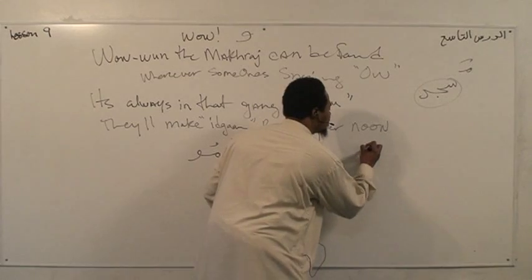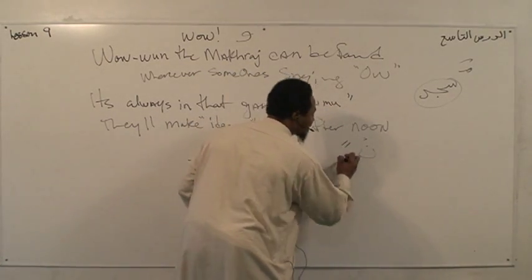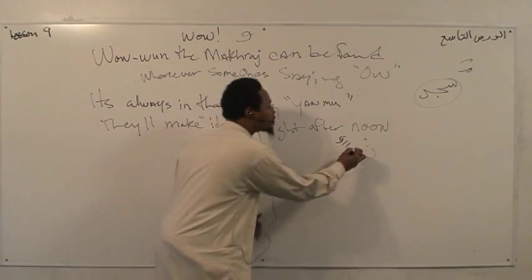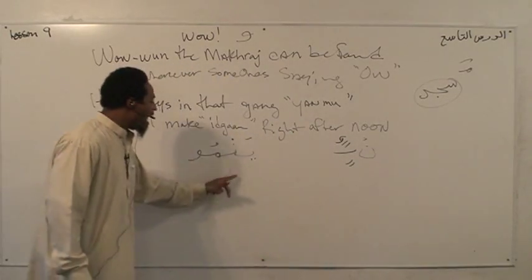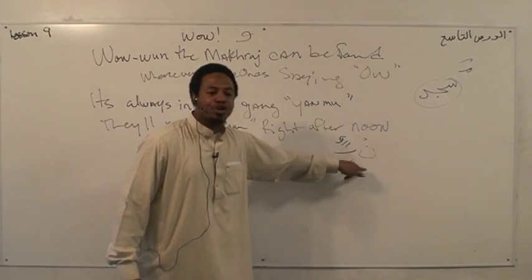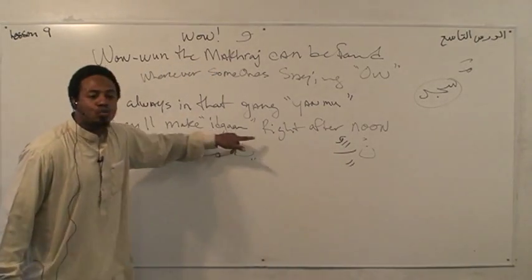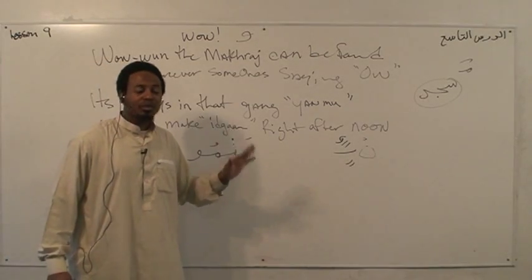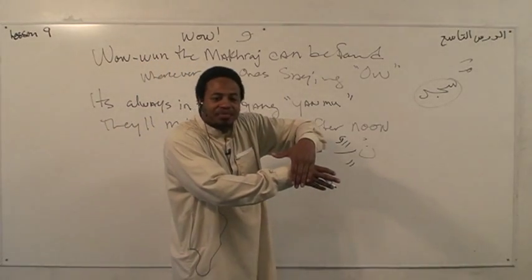The letter noon that doesn't have a vowel over it, or the tanween of fathatan, kasratan, or dhammatan. That's what it's referring to when it says afternoon. That means if a ya, a noon, a meme, or a wow show up after a noon sakina or a tanween, it's going to have the rule called what? Idgham. Do you understand that? Now, dakhala shay fi shay means that something has entered something into something else.